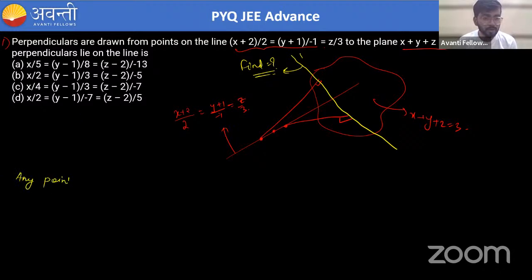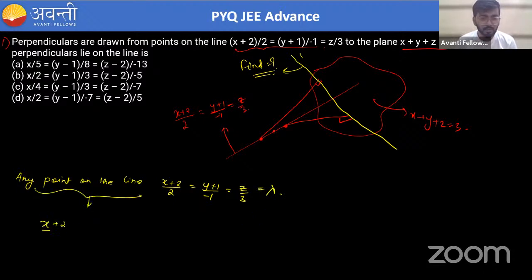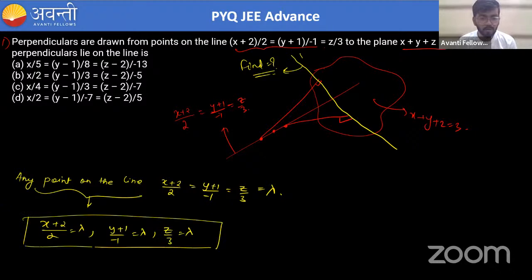So what I am saying is, any point on the line (x plus 2) upon 2 equals (y plus 1) upon minus 1 equals z by 3, let us say this is lambda. Any point on the line can be written as (x plus 2) by 2 equals lambda, (y plus 1) by minus 1 equals lambda, and z by 3 equals lambda.